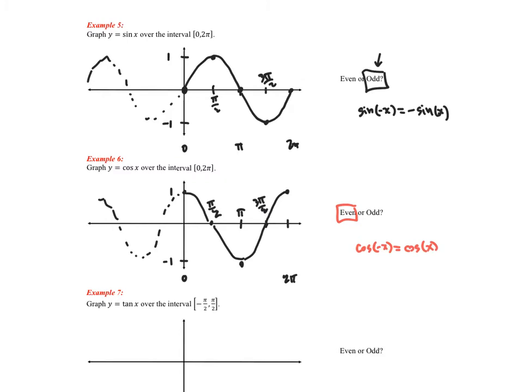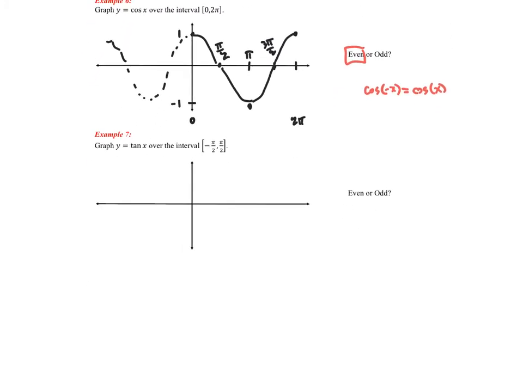All right, let's look at tangent. Tangent, as we know, has asymptotes. The tangent doesn't exist at x, oops, that should be a theta, well, I guess we are in terms of x, at x equals negative pi over 2, and at x equals pi over 2, as well as every pi units.